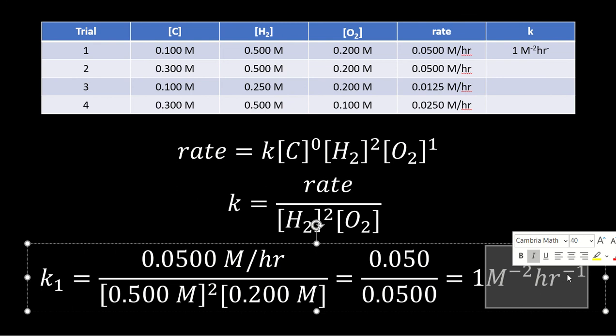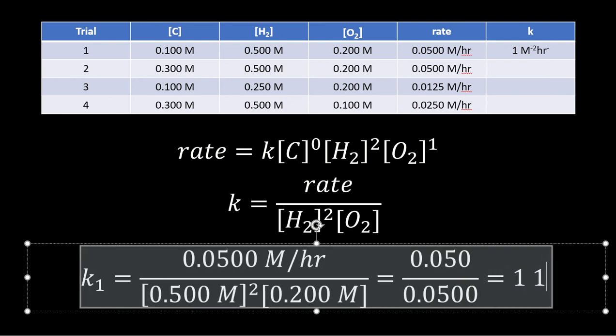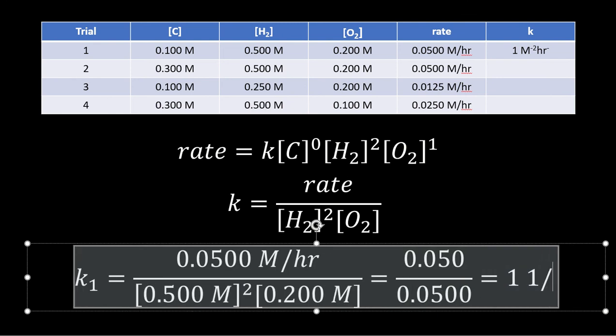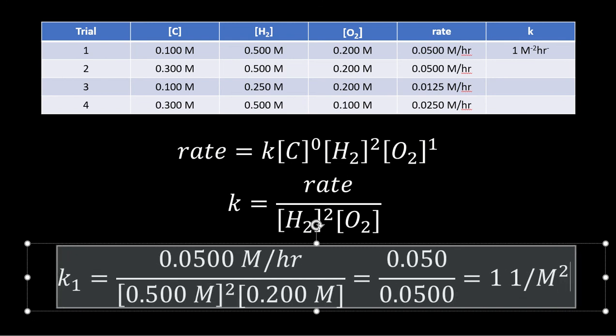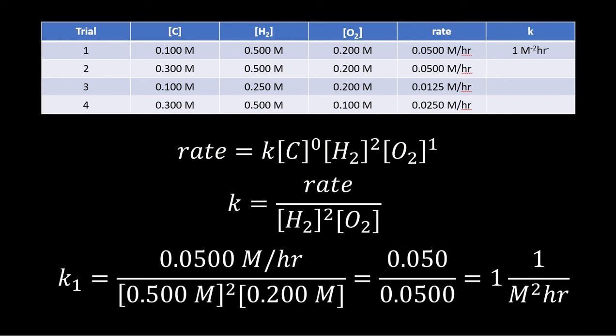In other words, this is perfectly valid to do something like this, where we can either write the units of the rate constant as a fraction, or just put in negative values when appropriate.